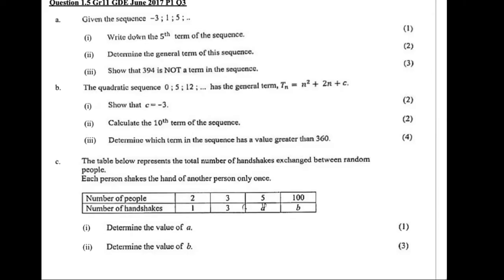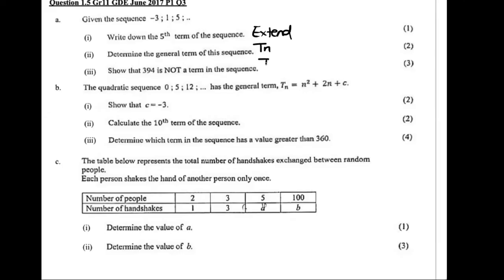Firstly, write down the fifth term. They're telling us to extend our pattern. So that's the first instruction. Determine the general term. So they're asking us to find Tn. And then show that 394 is not a term in the sequence.